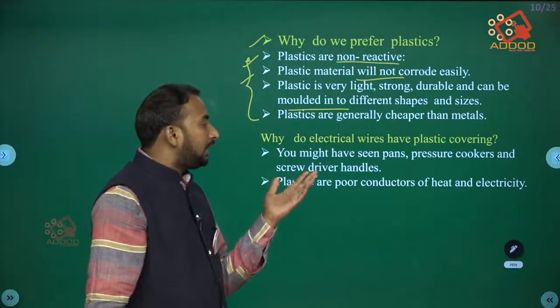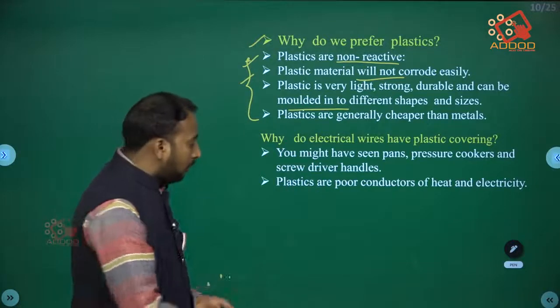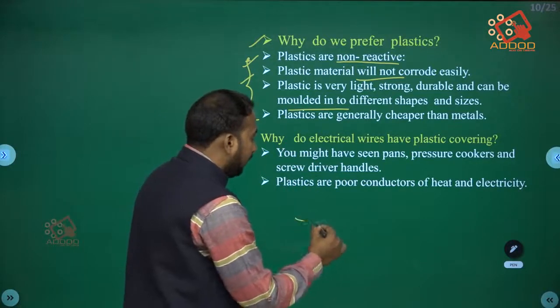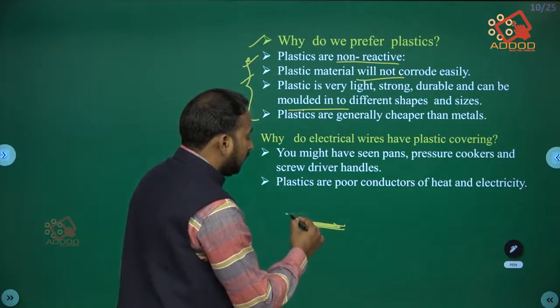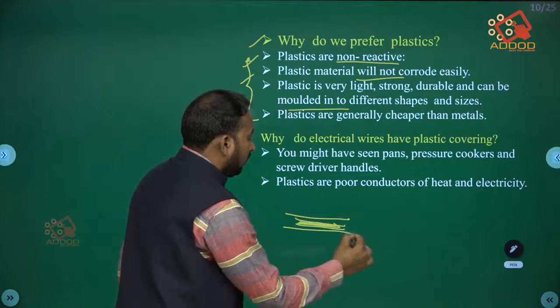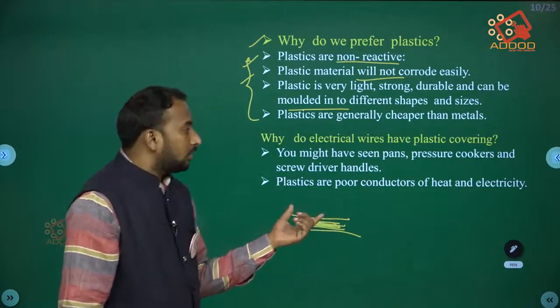Why do electrical wires have plastic covering? The inner copper wires are coated with plastic covering.